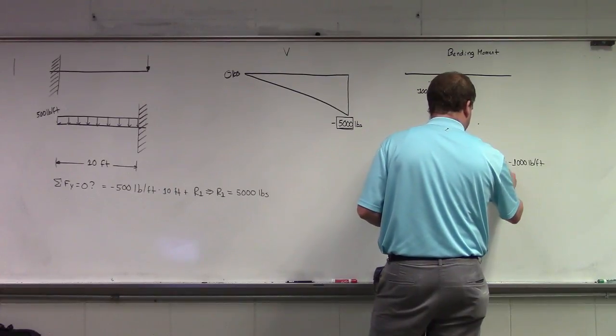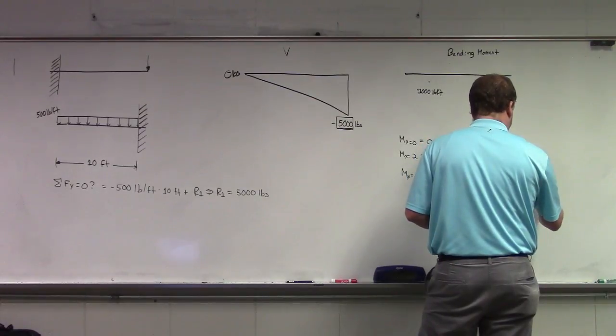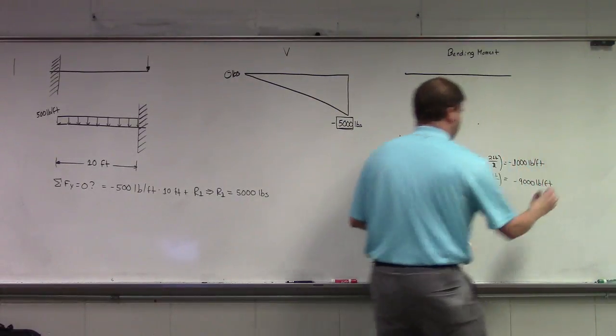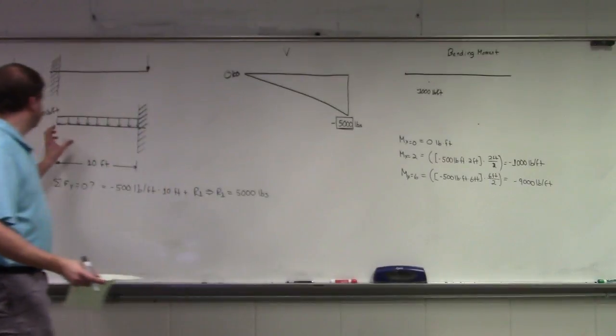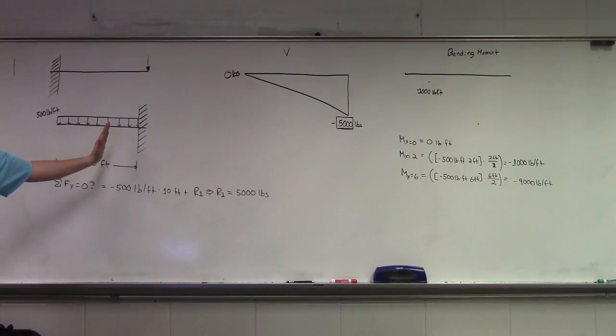That doesn't make sense. Right, because we take the magnitude, 5,000 times that 6 feet, drop it at that midway point. It's going to be 3 feet away.